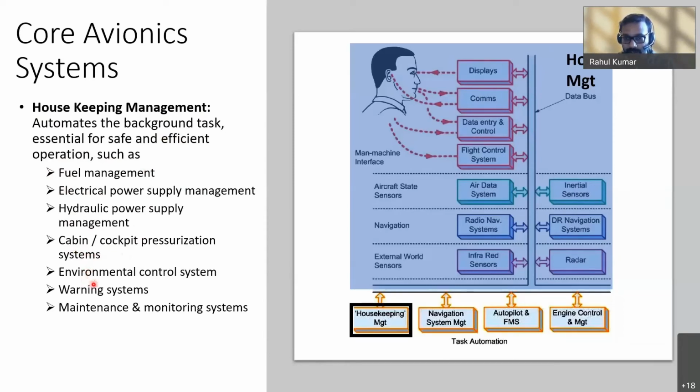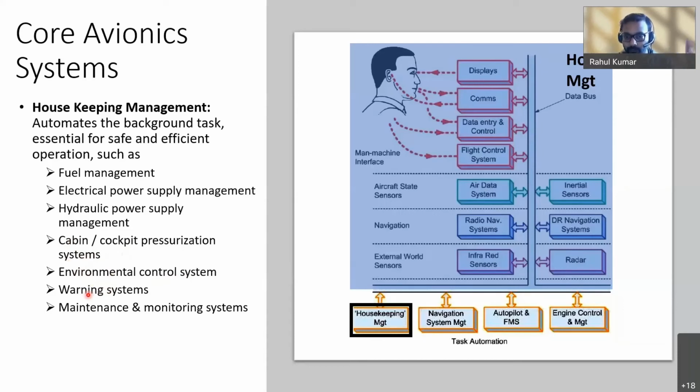And then you have the environmental control system, which maintains the temperature and humidity within the cockpit, and even in civil aircraft they are used. Then you have some warning systems, right?